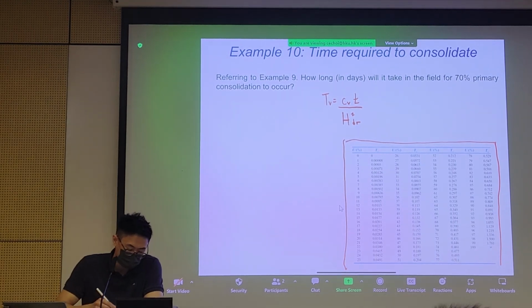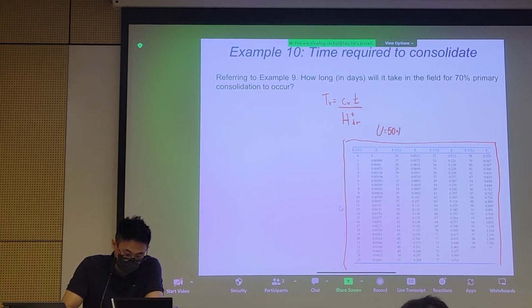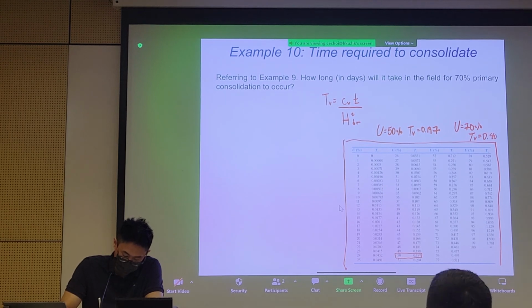What we can do is, in example 9, we know that at U equals 50% in the previous question, the TV was 0.197. How do we know that? Well, if we go 50%, 0.197, and if we have U equals 70%, as in this question, TV is 0.403.